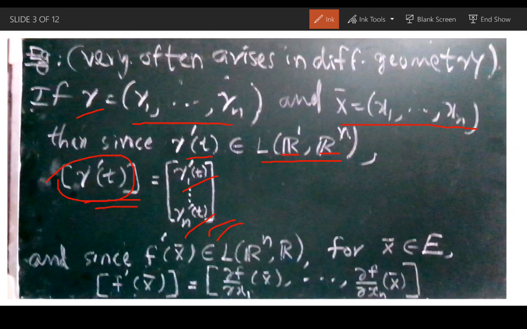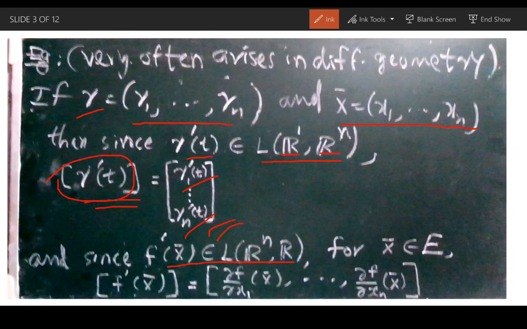Now f is a mapping from E to R, where E is a subset of Rn. So f dash x is a linear mapping from Rn to R. This linear transformation has got a matrix representation. That matrix will be of order 1 by n. What are the entries? നമ്മൾ last class കണ്ടു, entries of that matrix are precisely partial derivatives of f.